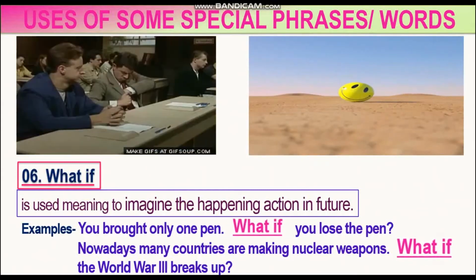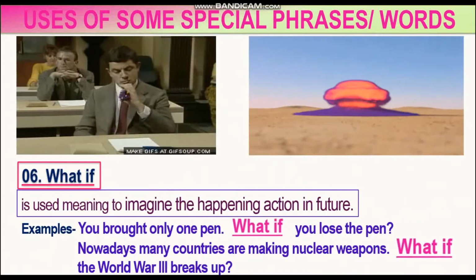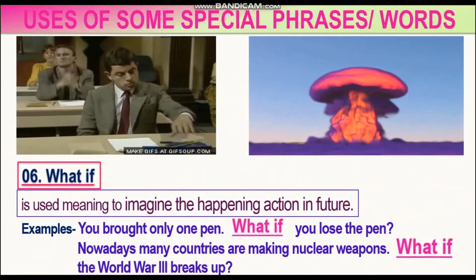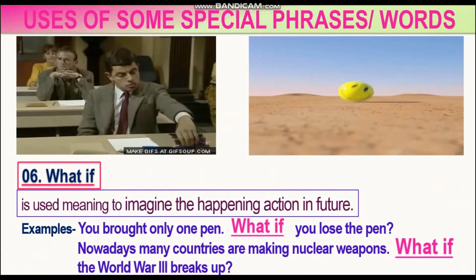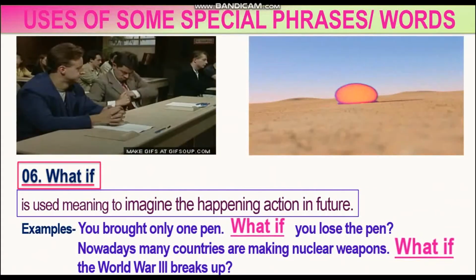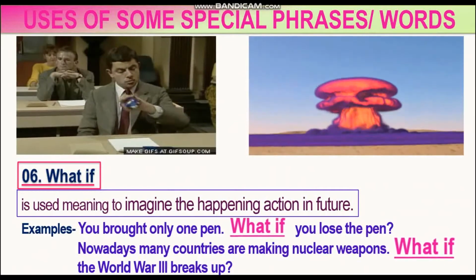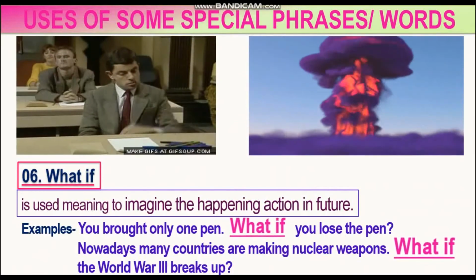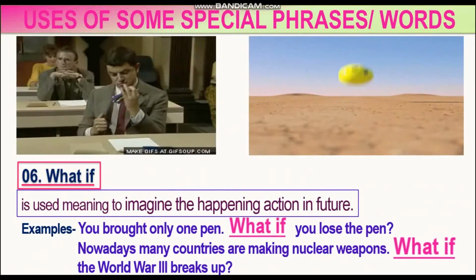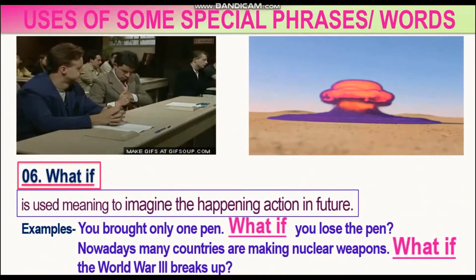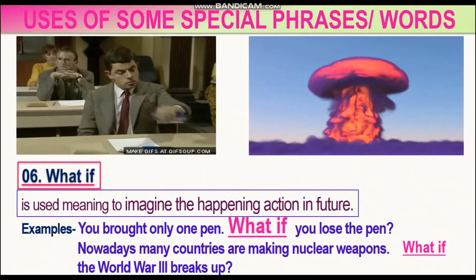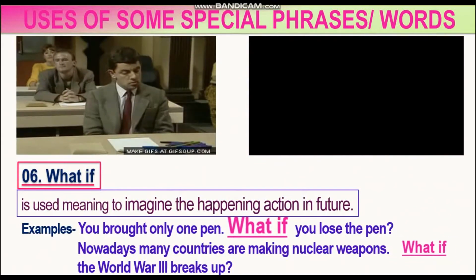By the second instance, what if World War III breaks out? It indicates present or future situations of the breaking out of World War III. And that's why the phrase what if is used in the sentences.